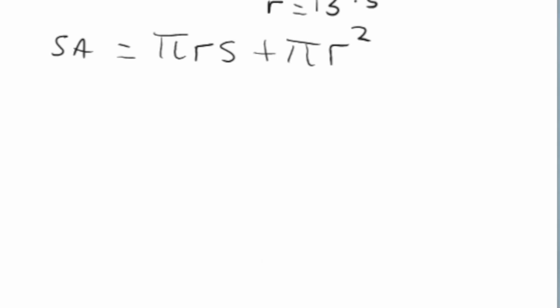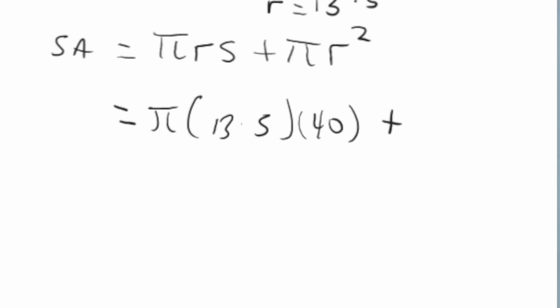So all that you do is you put it in the formula. We know that pi, you can get pi on your calculator, or you use 3.14 as pi. Pi times 13.5 times 40 plus pi times 13.5 squared.